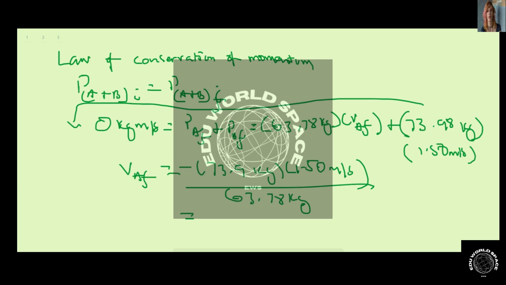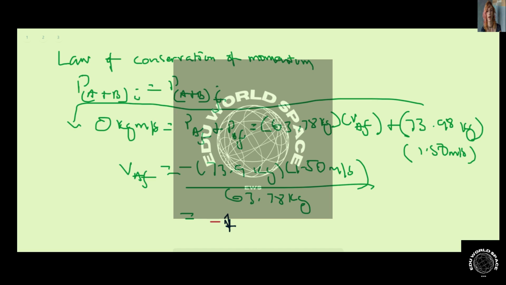And that leads us to the point where the final velocity of A happens to be negative 1.74 meters per second.